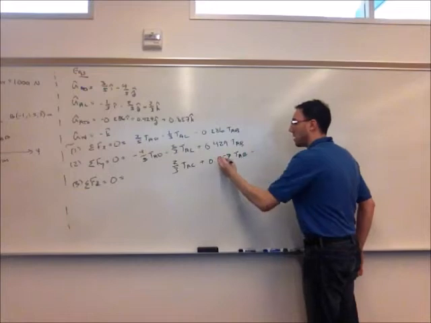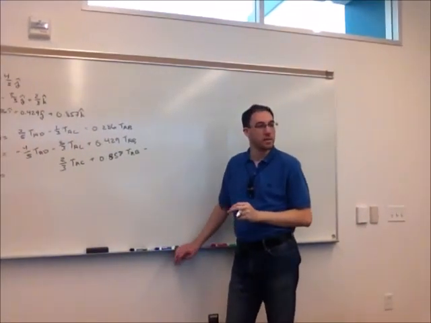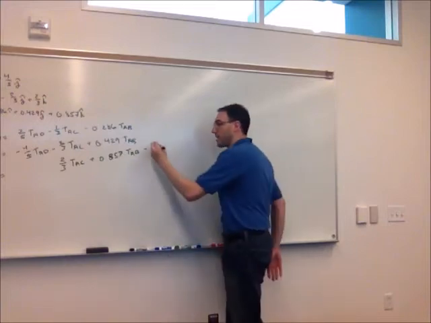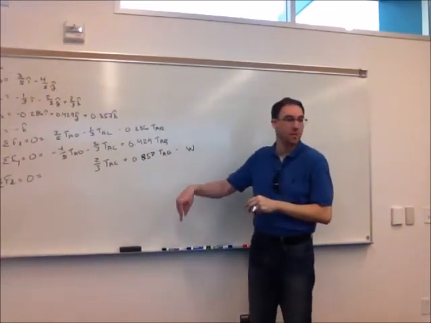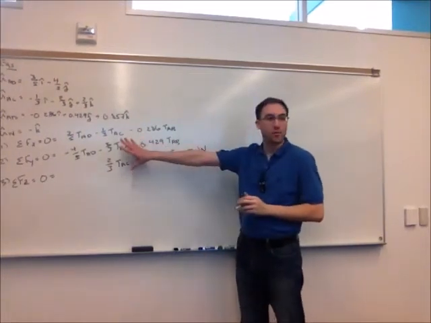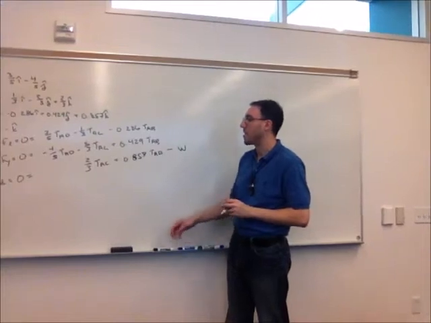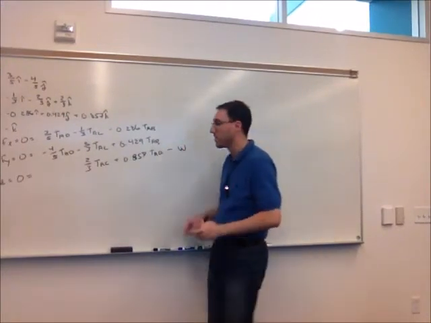I guess it'd be a negative. We don't know, but we did call it something. Right, so negative W. We'll be able to solve for the W, but we do know its direction. We don't know its value, its magnitude. All right, so these are our 3 equilibrium equations that we have here. So this has 3 unknowns, this has 3 unknowns, this also has 3 unknowns.